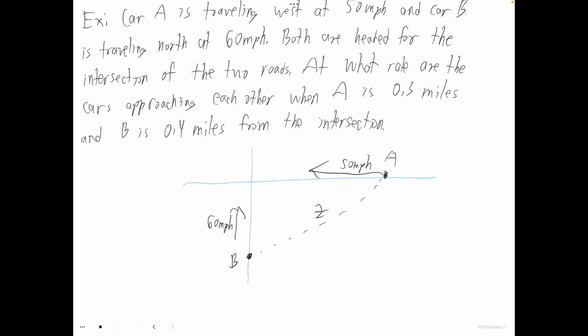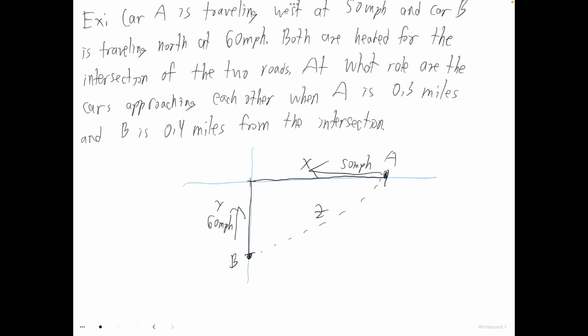Now, as we typically use x for horizontal distances, I'll call this x and this y. x is the distance from the intersection to A, and y is the distance from the intersection to B. The reason this is relevant is x and y are going to be getting smaller.